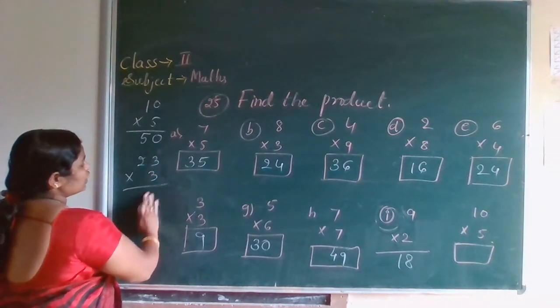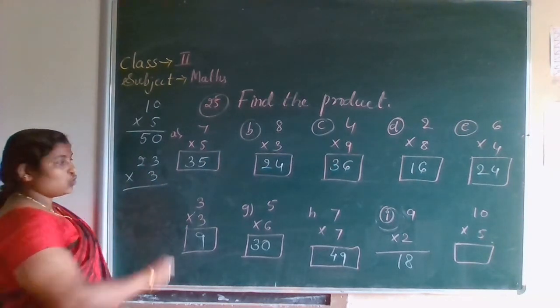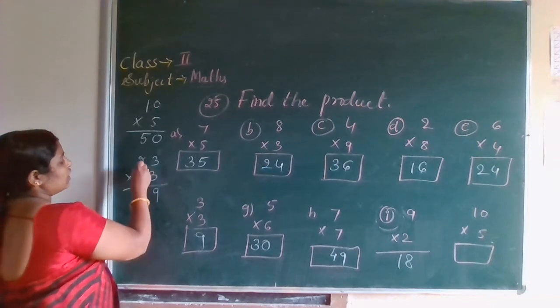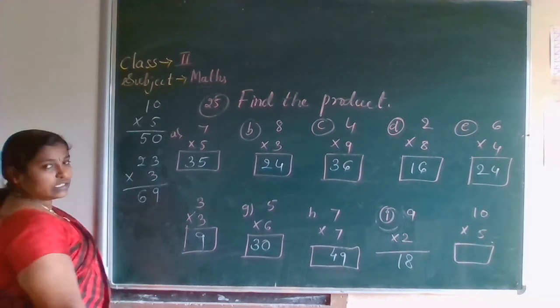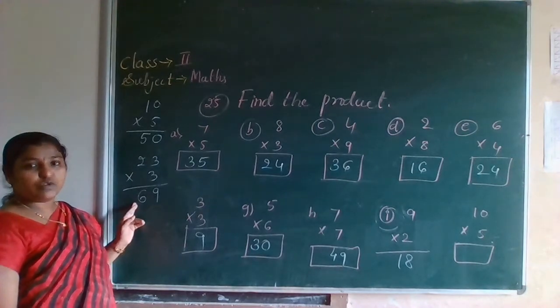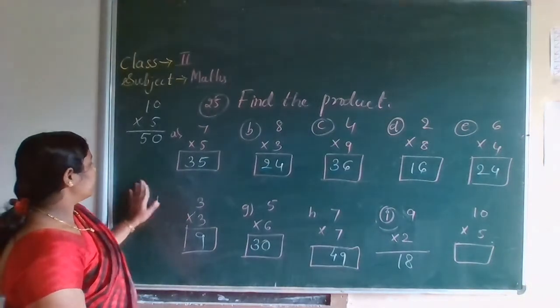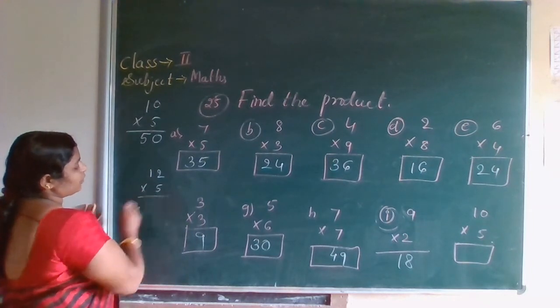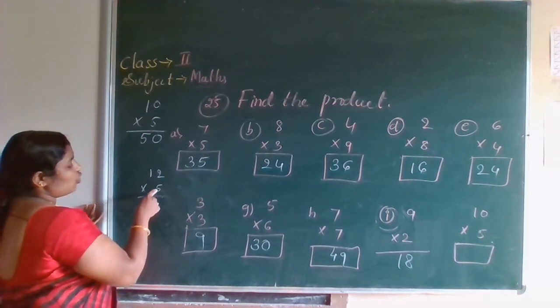23 threes are, you don't know the 23 table, so do it one by one. 3 threes are 9, 3 twos are 6. You don't have 2-digit number multiplication yet, but I am showing you to practice. Suppose 12 into 5. At that time you don't know how much 5 12s are.